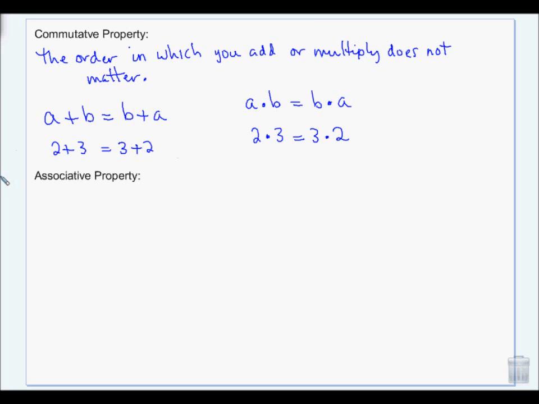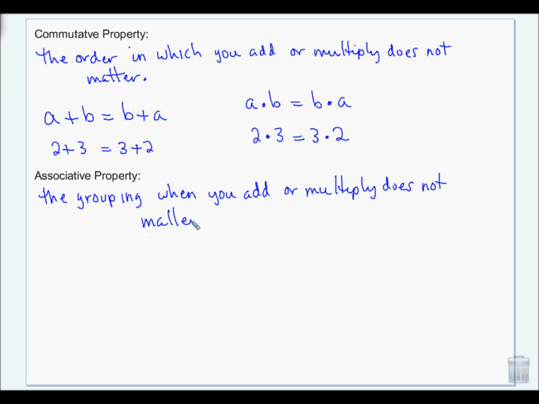Associative property, well, associations are groups. So the grouping. Again, this is only for addition and multiplication, and it has to be all addition or all multiplication.